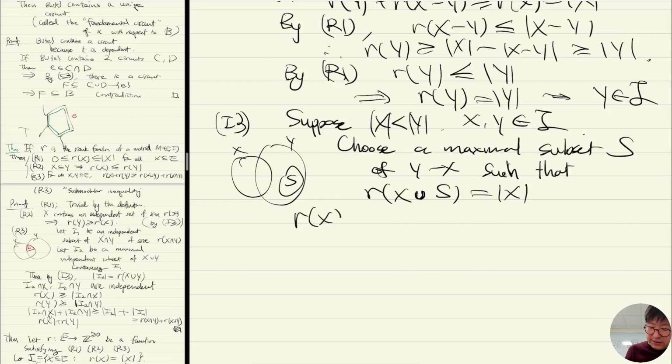I know the rank of X is equal to size of X, so such an S exists, right? Because I can take S to be empty, then it satisfies that property.